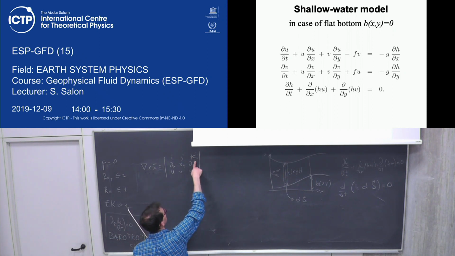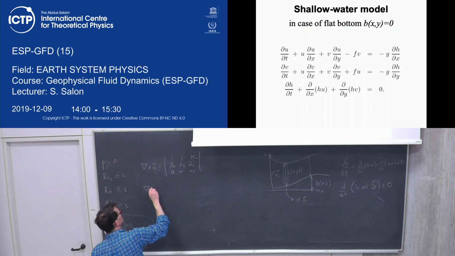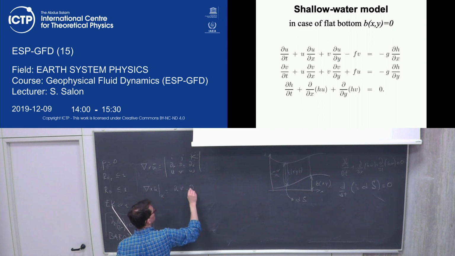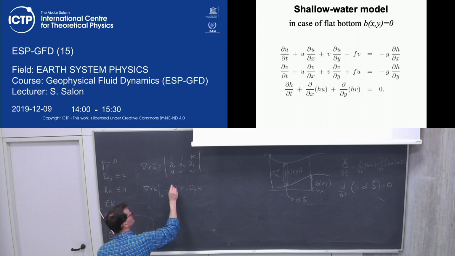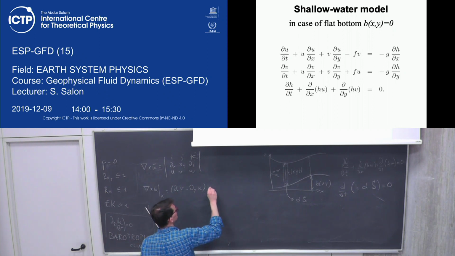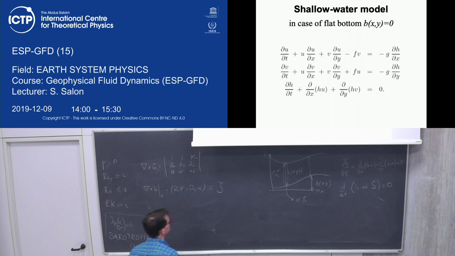So if we calculate K, this will be the x v minus the y u. This is the vorticity, we will call it zeta.